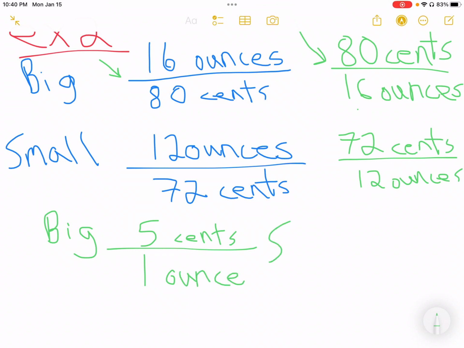And my small can, I'm getting messy, sorry, I squished it. 72 divided by 12, 12 will go into 72 6 times. Then I have 6 cents, and then I have 1 ounce.